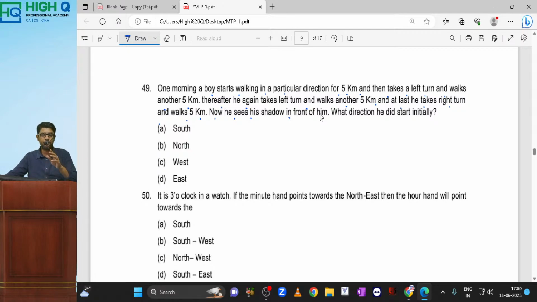Listen here, my dear. Morning only. So sun, which side does it rise? East. So when the sun is here, during morning time, a person is standing here, his shadow will be on which side? So this is what his shadow will be, right, my dear? Now he sees his own shadow.